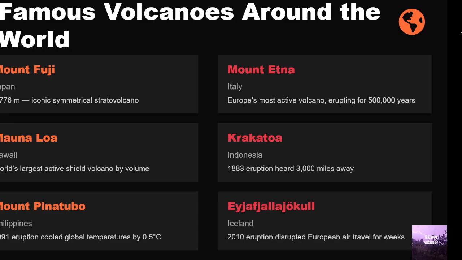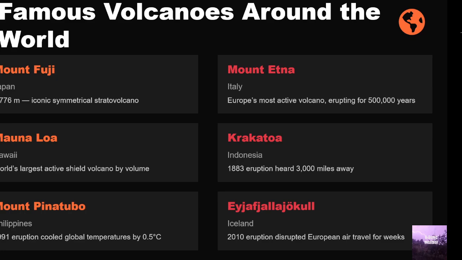Famous volcanoes around the world. Mount Fuji in Japan, which is 3,776 meters, an iconic symmetrical stratovolcano. Mauna Loa in Hawaii, the world's largest active shield volcano by volume.